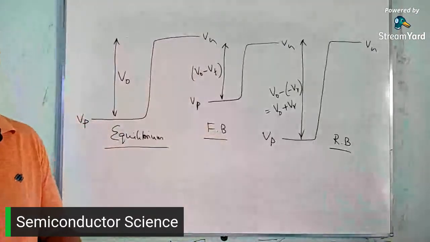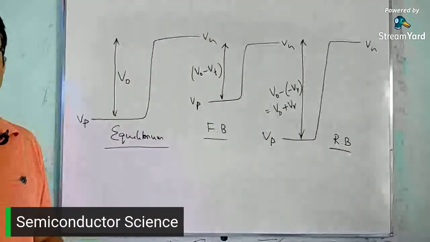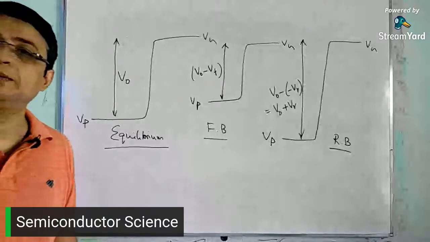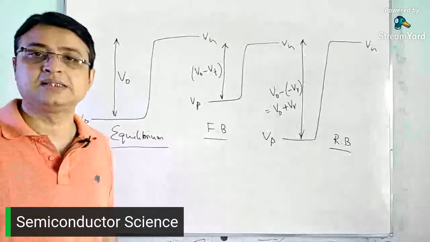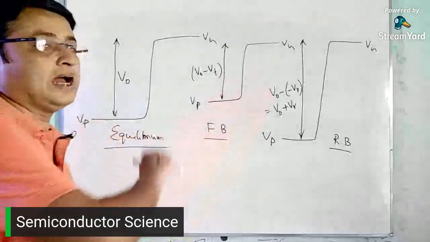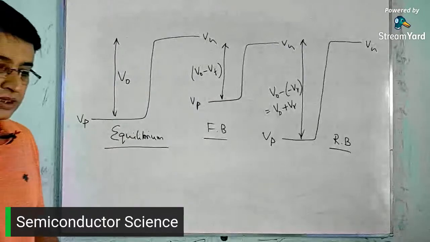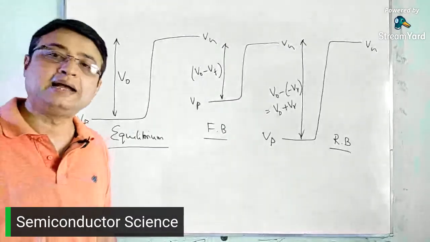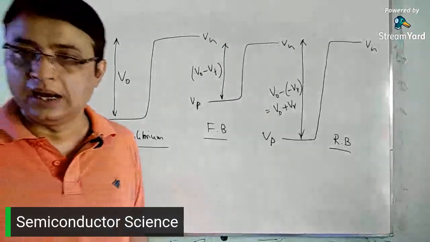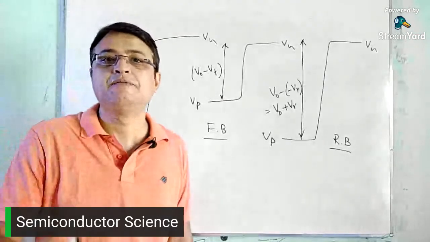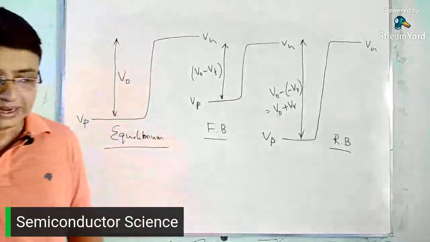The electrostatic potential of the p-type side is depressed relative to the n-type side, and that results in an increase in the height of the electrostatic potential barrier.